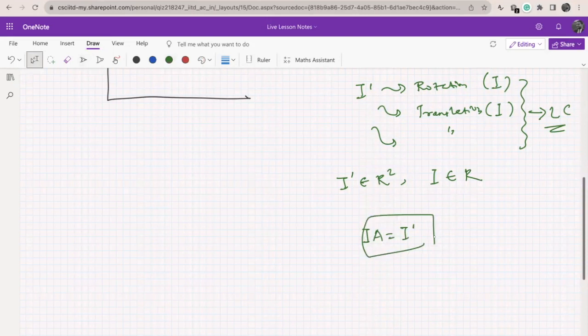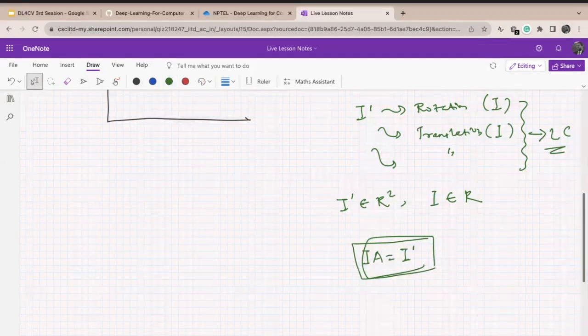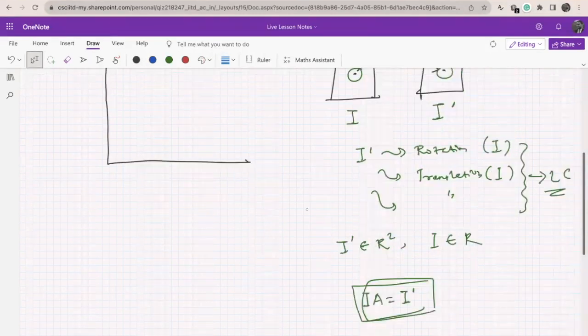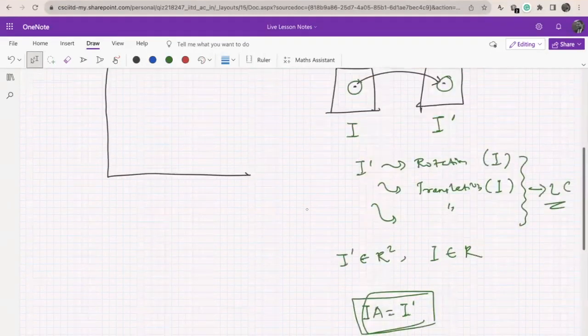By saying I into A equals I dash, we claim that this A is a matrix that contains all the linear transformations between the initial image and the final image. And if we can solve this, we can solve the problem of why this rotation and translation is happening.